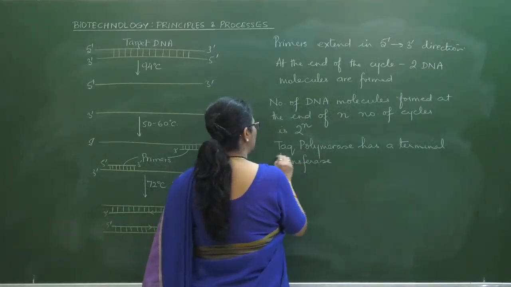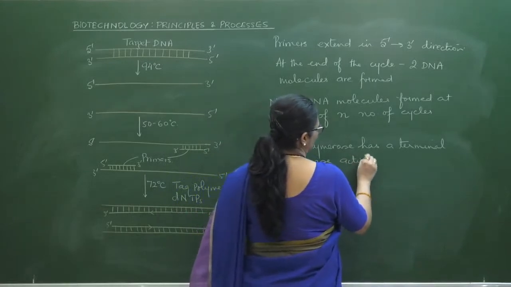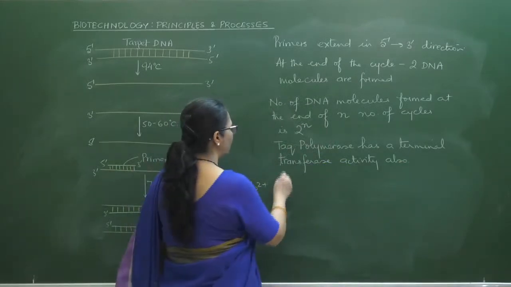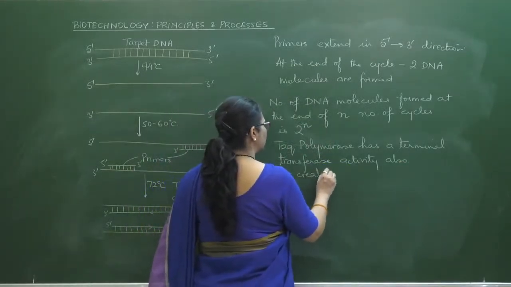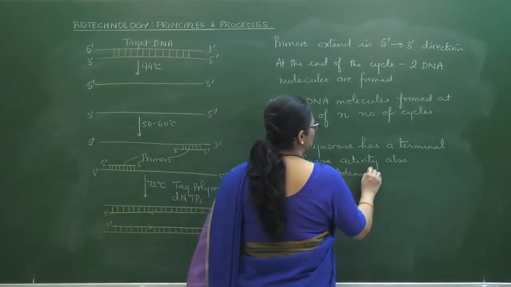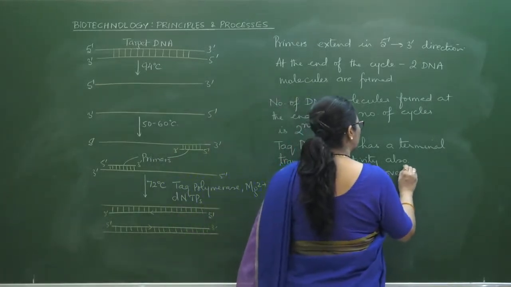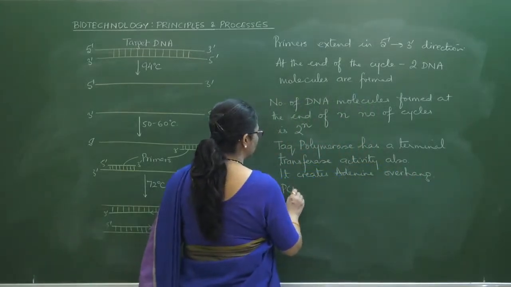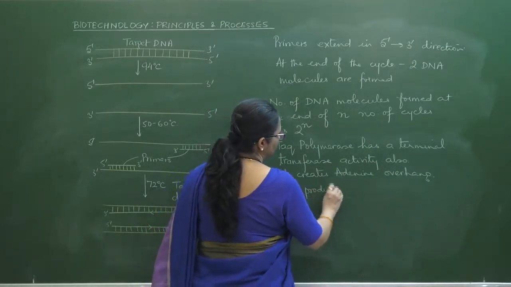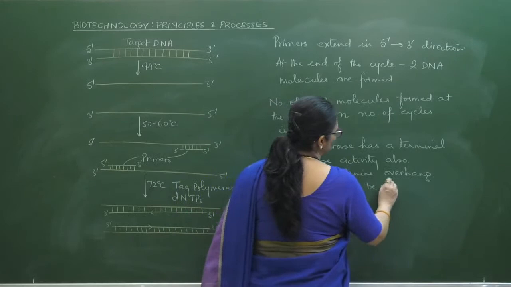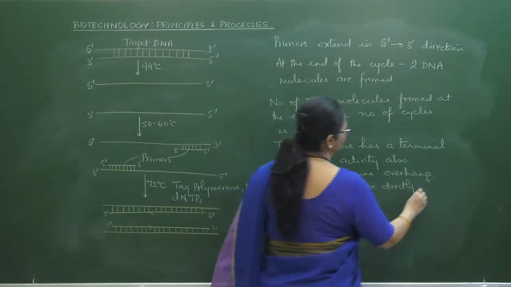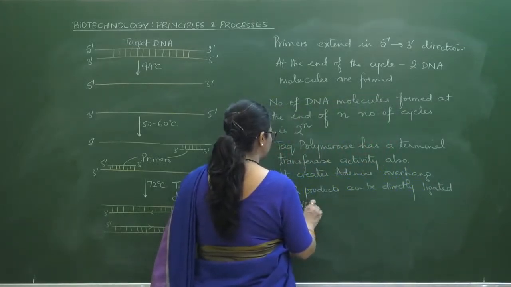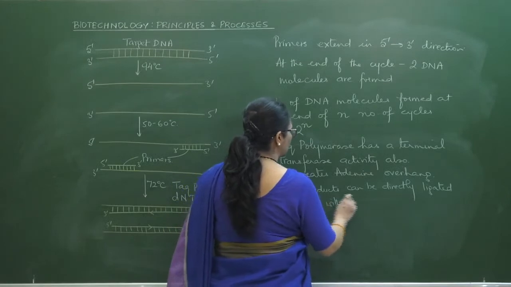Okay, so it creates an adenine overhang, and as a result PCR products can be directly ligated to a vector with a T overhang.